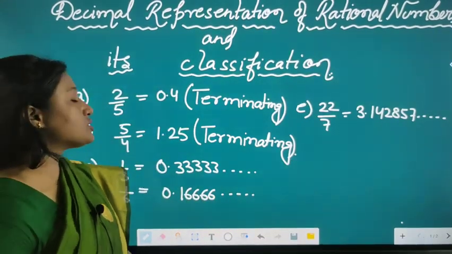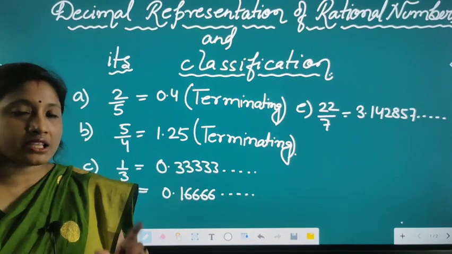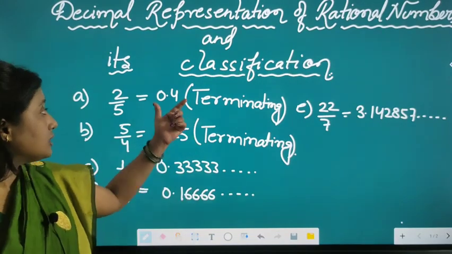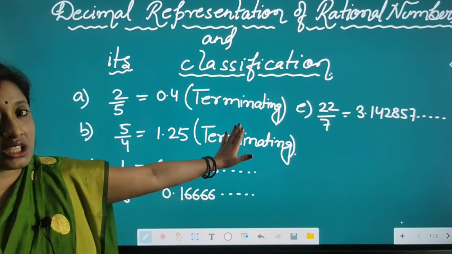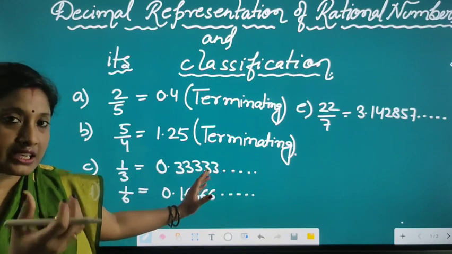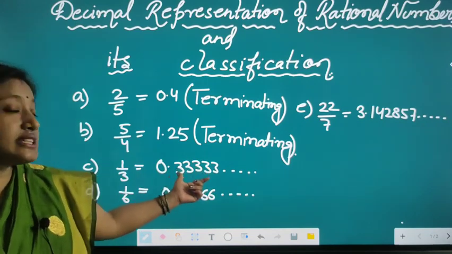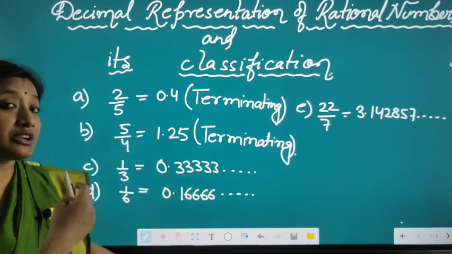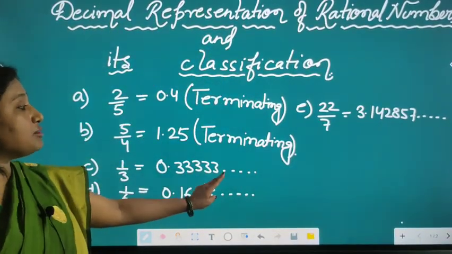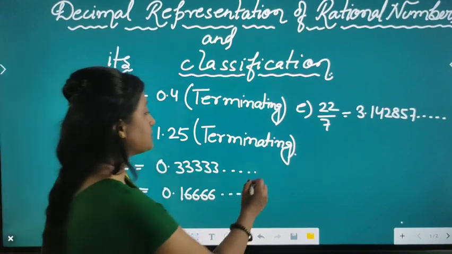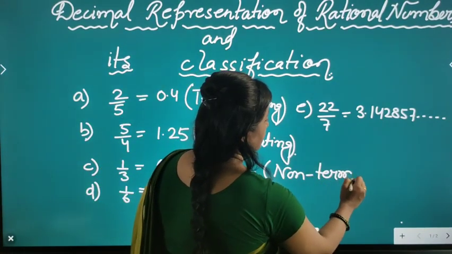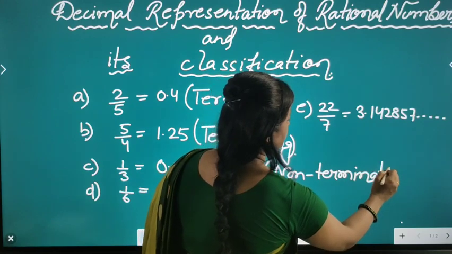Whenever we get a finite number of digits after the decimal, we say the decimal number is terminating. And if we are not getting a finite number of digits after the decimal, that is, we are getting infinitely many, then this number will be considered non-terminating.